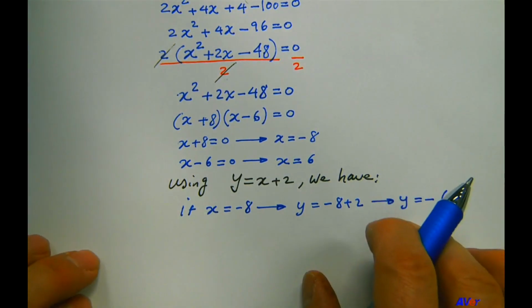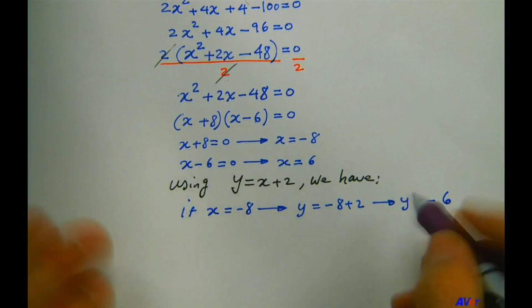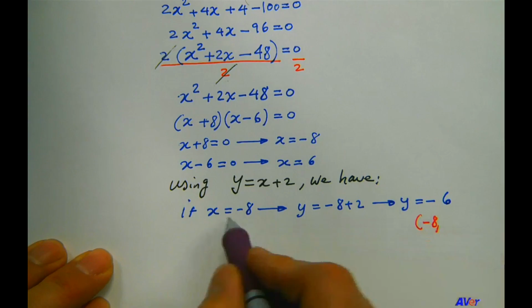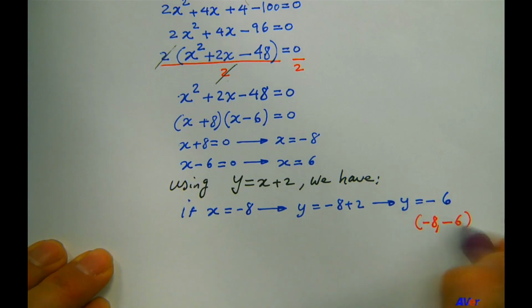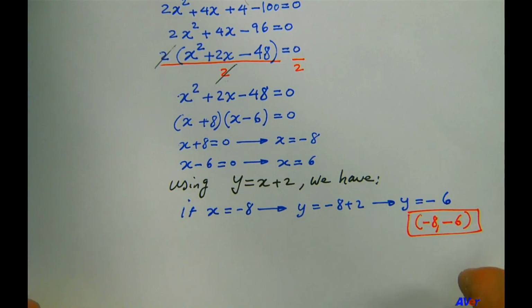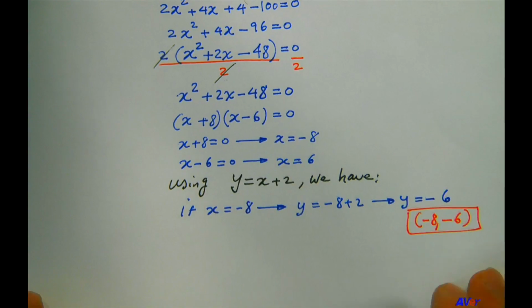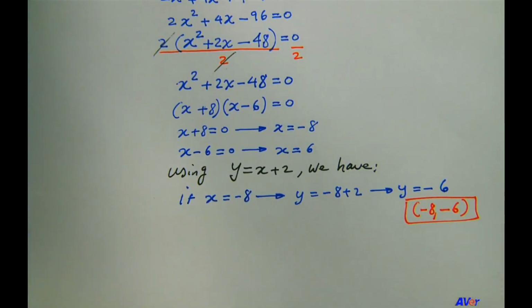Therefore, one of the solutions of the system is x equals minus 8, comma, y equals minus 6. That's one of the solutions of the system. Okay, for x equals minus 8, the y is equal to minus 6.